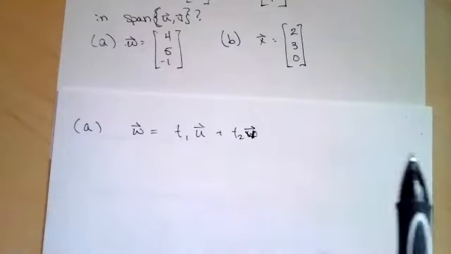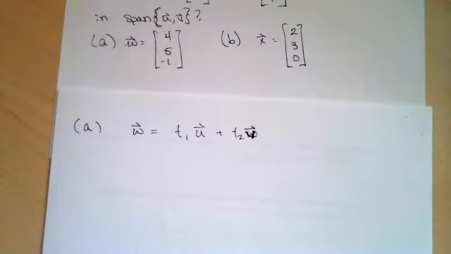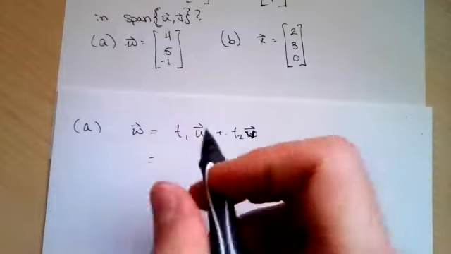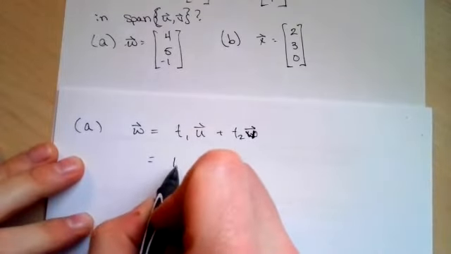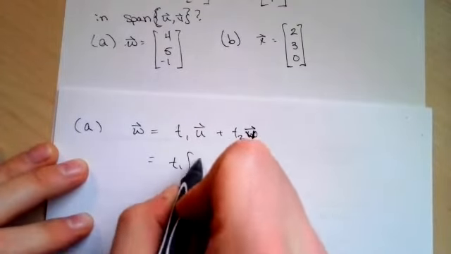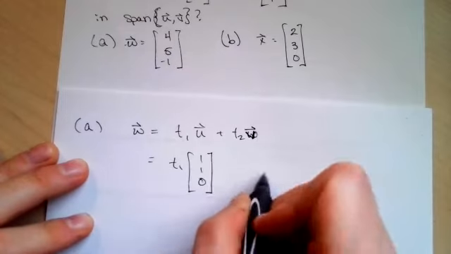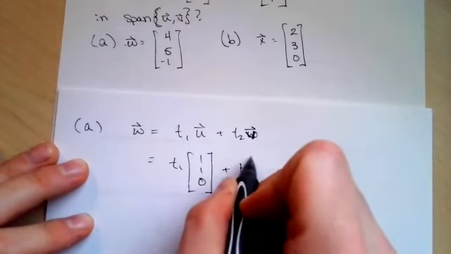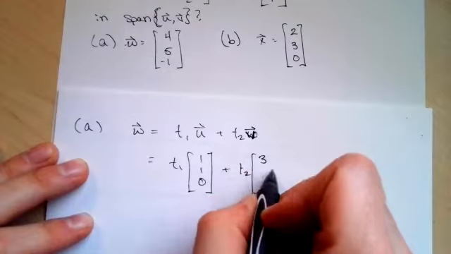You can use S and T for your scalars, T1, T2, however you want to denote those. So let's write out what this means. We've got T1 times 1, 1, 0 plus T2 times 3, 2, 1.